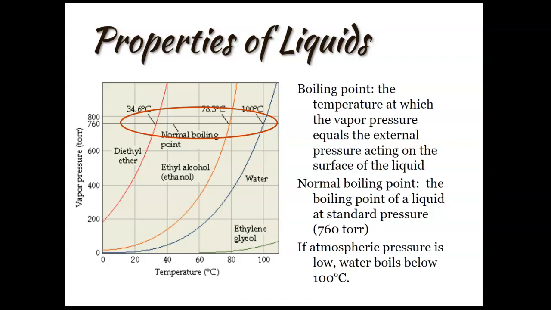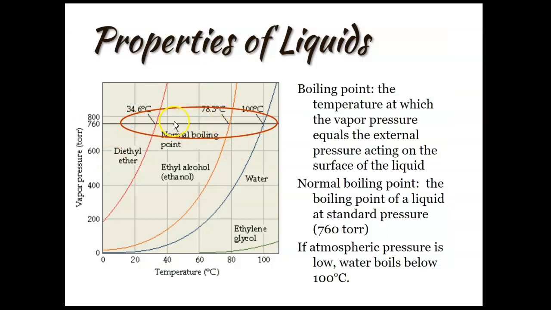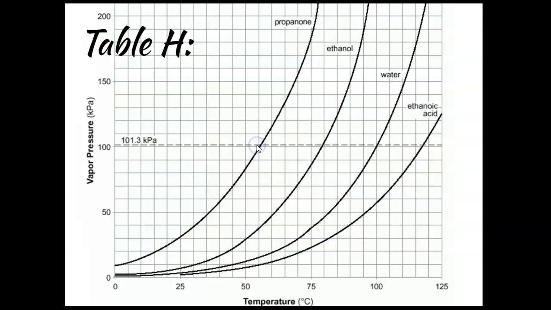Now, you can get a different boiling point by doing different things to it, but we'll get into that later. If atmospheric pressure is low, water boils below 100 degrees Celsius. So looking at this, if that pressure is below, it will be less than 100.